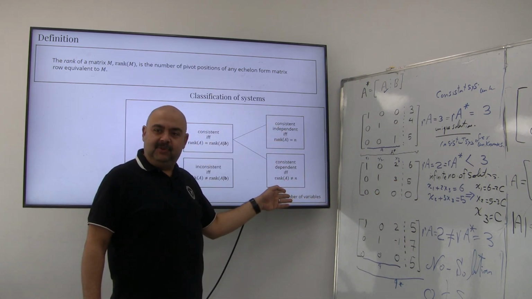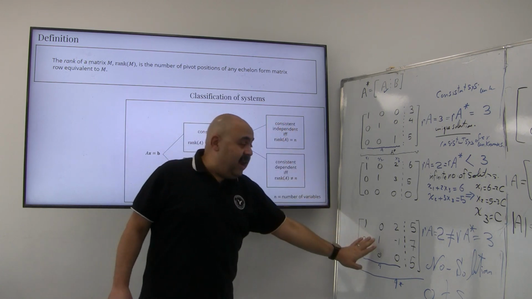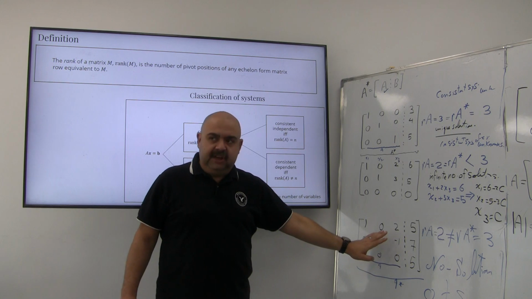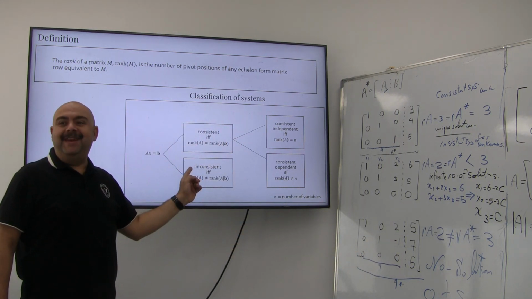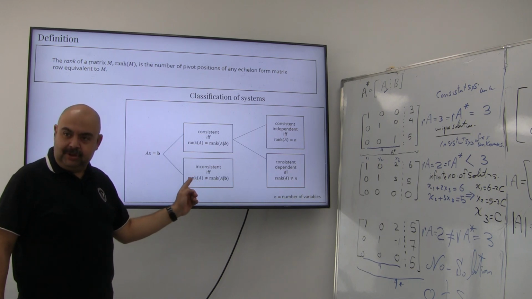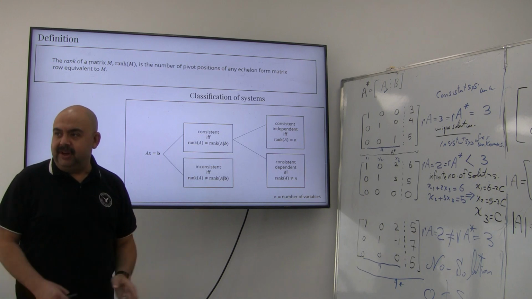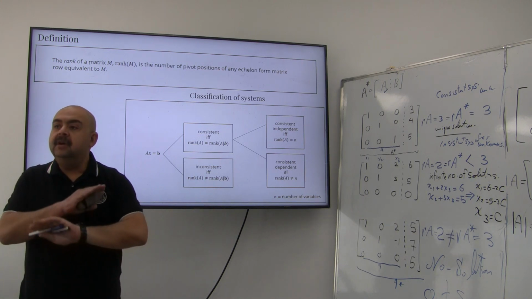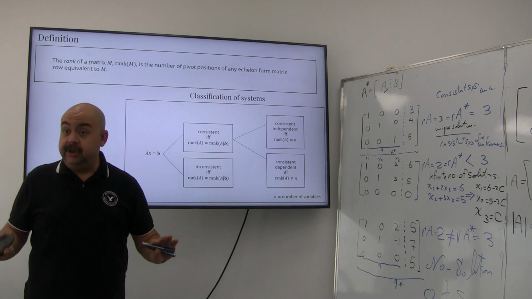This is an infinite number of solutions, and this is a unique solution. In the last case, they are not even equal. That's the case of no solution. It's an inconsistent system of equations, and it happens when the rank of A doesn't equal the rank of A star. It is done. Is that clear? Any questions?